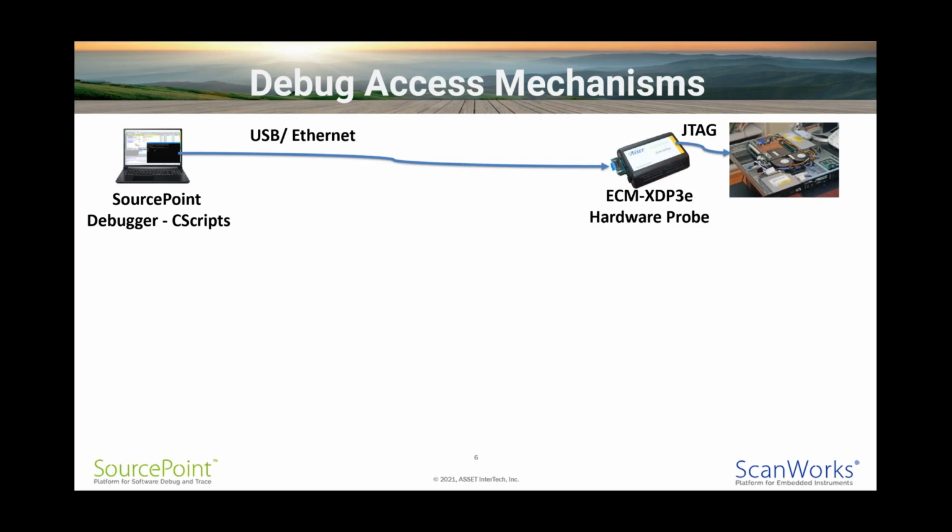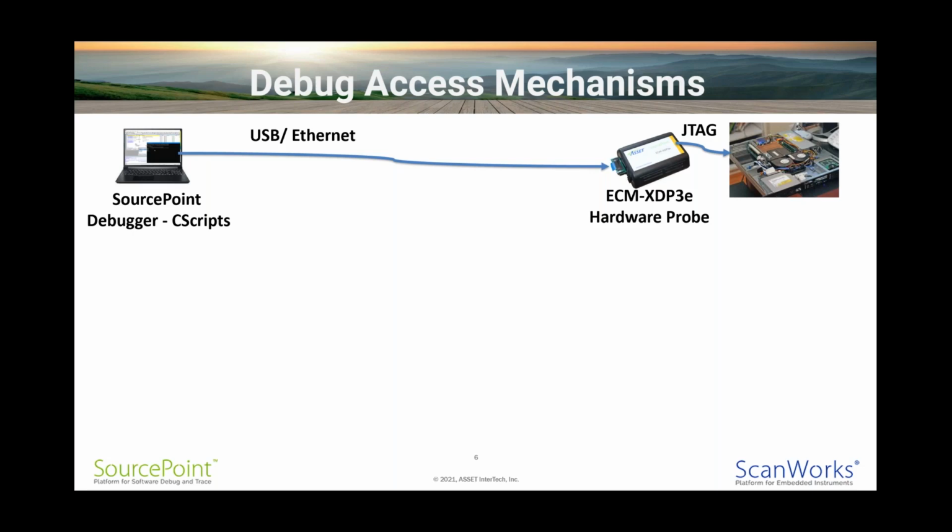When you want to do JTAG-based debug on a server, the typical configuration that we're all very used to is, on the left-hand side, you have some sort of JTAG-based, hardware-assisted debugger like the ASSET SourcePoint product, running the Intel CScripts, connected over USB or Ethernet to a hardware probe, which has a commercial CPU and an FPGA for performance reasons, which in turn is connected over a, give or take, 12-inch ribbon cable to the JTAG or XDP interface on the server.